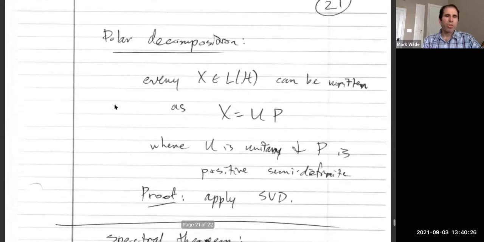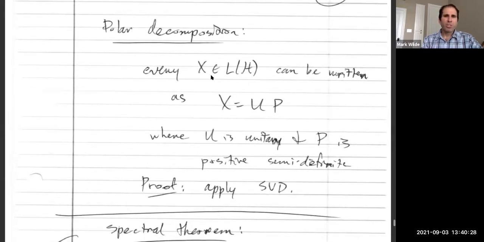Okay, so polar decomposition: an arbitrary square operator, we can write it as a unitary times a positive semi-definite operator. And I should have written this in the notes. Let me write it now. It's called polar decomposition because it's analogous to the polar form of a complex number, right?